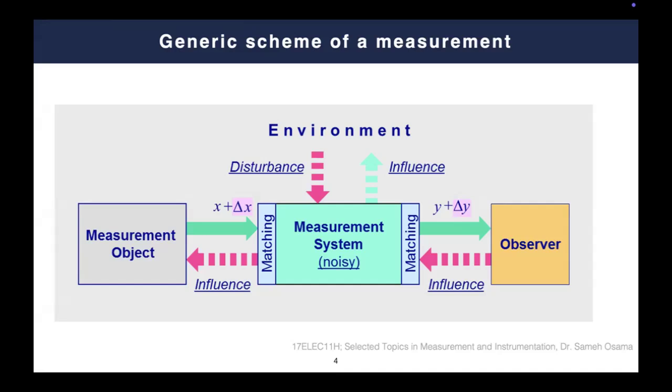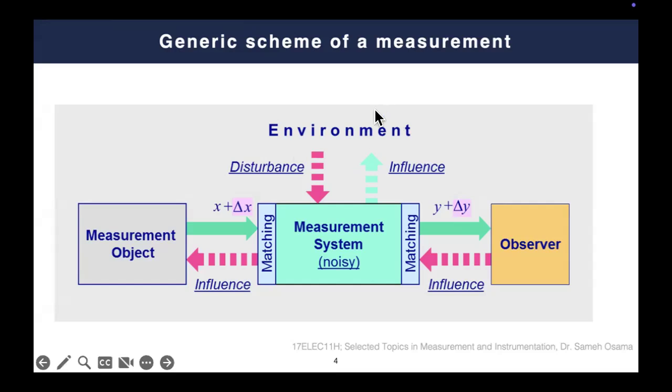But regardless of these three blocks, we have associated parameters. For example, the environmental effect. When you are measuring temperature, you can measure it at different humidity levels. So, does the variation in humidity impact your measurement system?